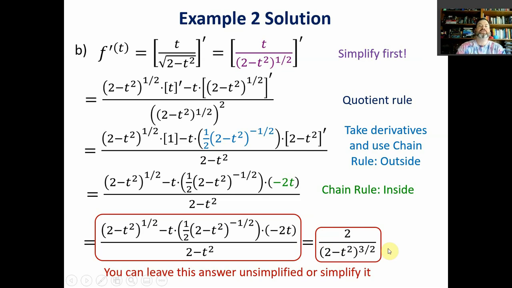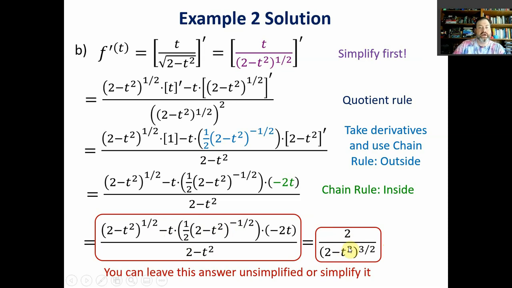But this actually simplifies really nicely if you take the time, and if you want to simplify it, you can. So it becomes one of those things, it just depends on what you're doing with the problem. If it's a test, just leave it like this. There's no reason to use extra time simplifying. But on a homework, maybe you don't want to type all this in. Maybe it's easier to type this in.